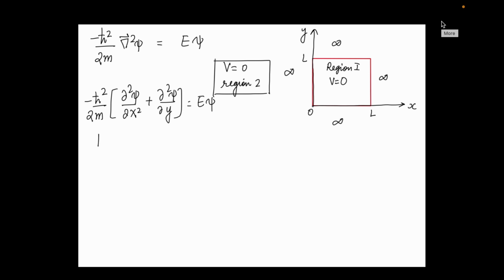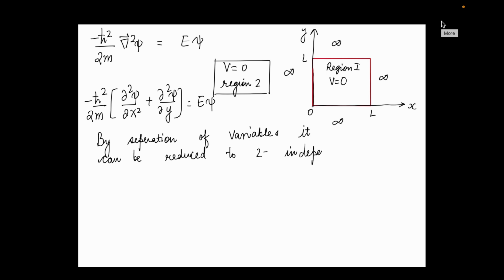This can be reduced by separation of variables to two independent equations in x and y, and those would be nothing but the 1D infinite potential well.